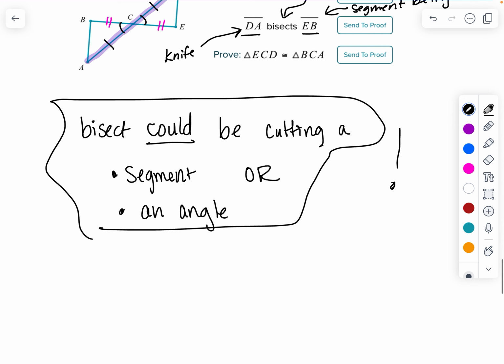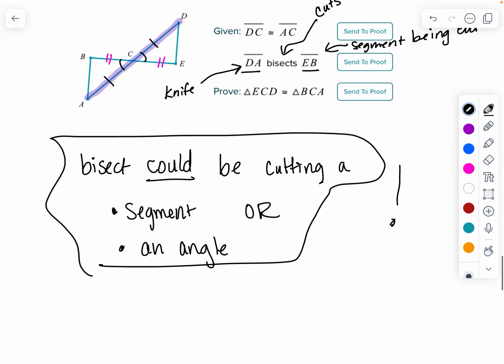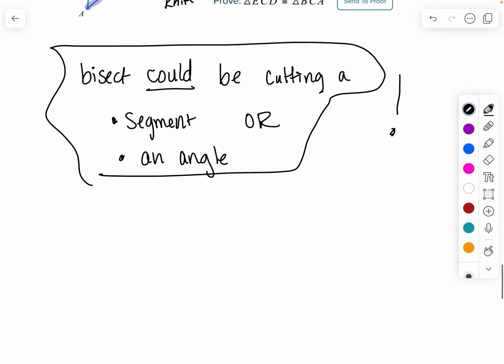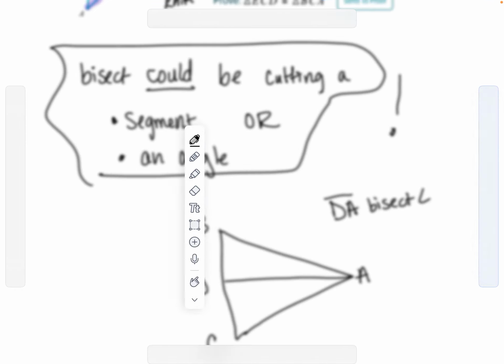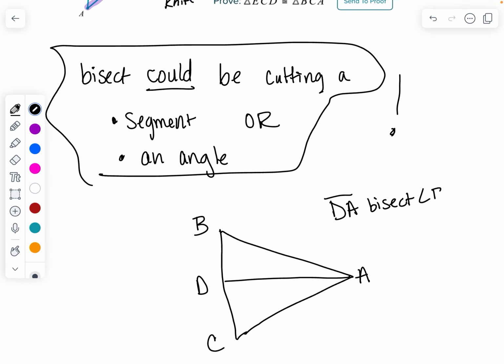So if it says something like, it could look like this, DA, BC, and it could say DA bisects angle BAC, and then all of a sudden, these are the same.